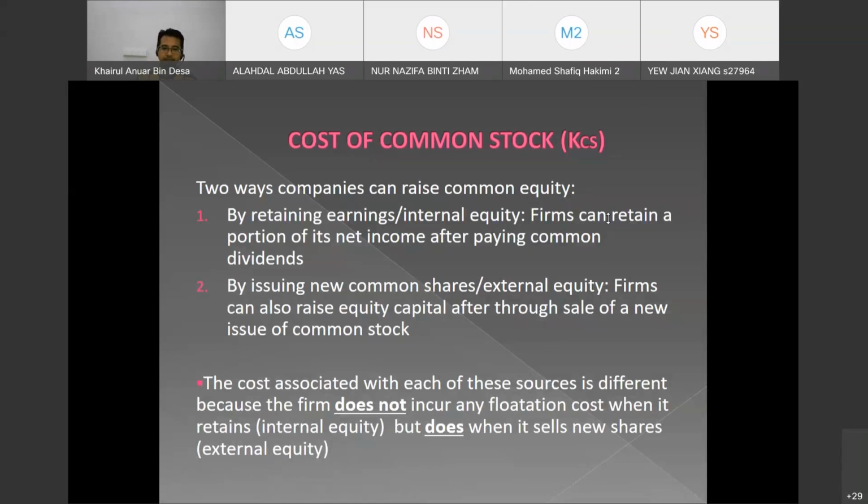Number one, by retained earnings, or internal equity. A firm can retain a portion of its net income after paying common dividends.